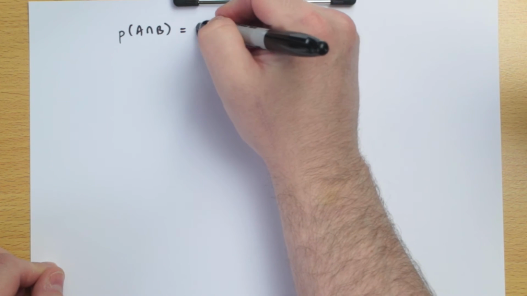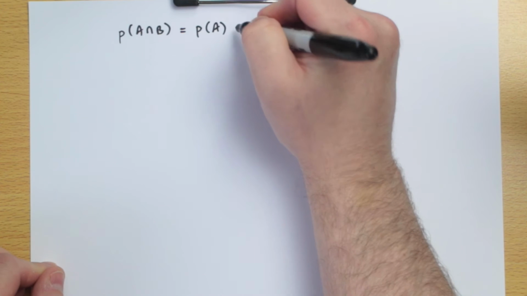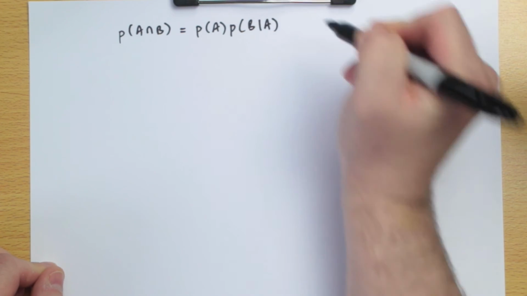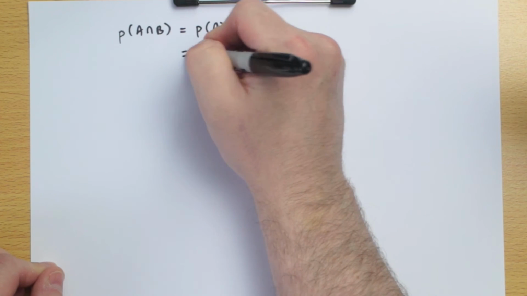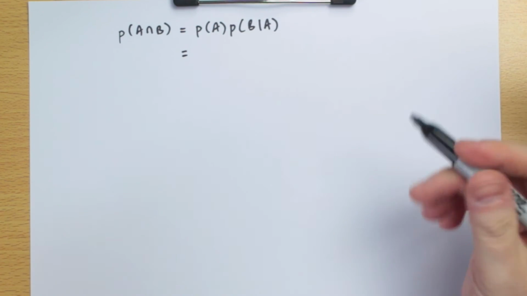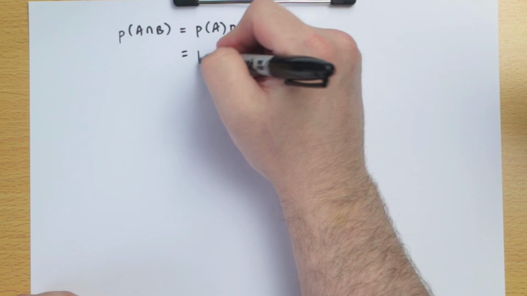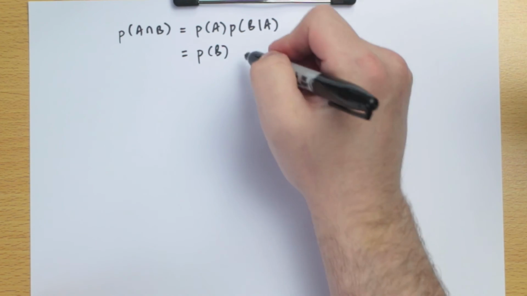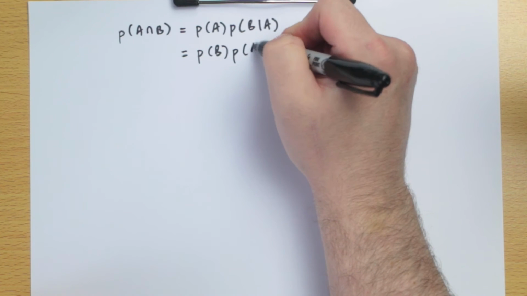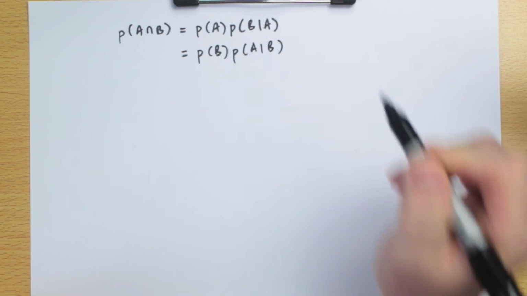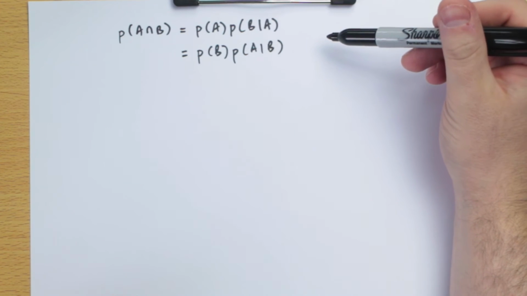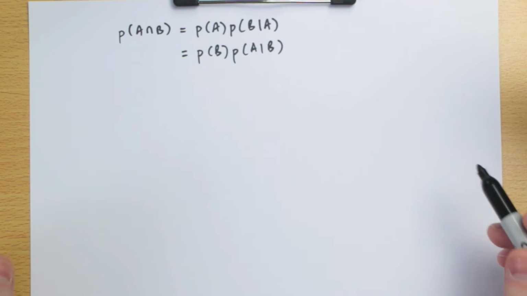We can take the probability of A and multiply it by the probability of B conditional on A. Or we could do it in the reverse order. Imagine that B happens first, probability B, and then given that B has happened, what's the probability that A happens? A conditional on B. Okay, so this is the general multiplication rule for probabilities and conditional probabilities.